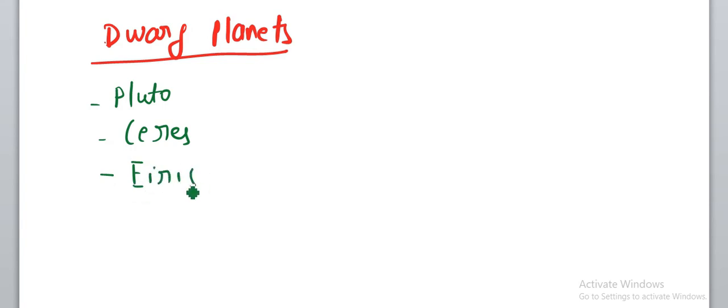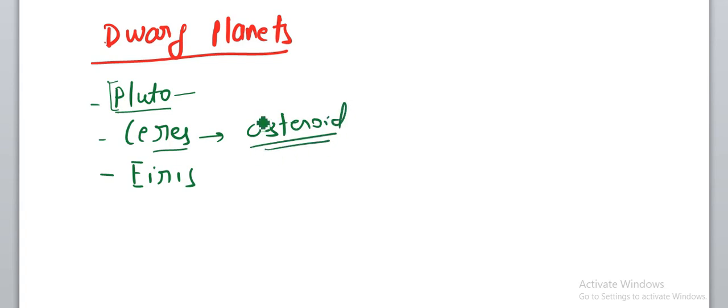There are others as well, but these three are the more common dwarf planets. Pluto was earlier considered as planet, but now it is removed from the category of planet and is considered a dwarf planet because it is very small in size. Ceres is also considered as dwarf planet, but basically it is the largest asteroid, and Eris is also one dwarf planet.